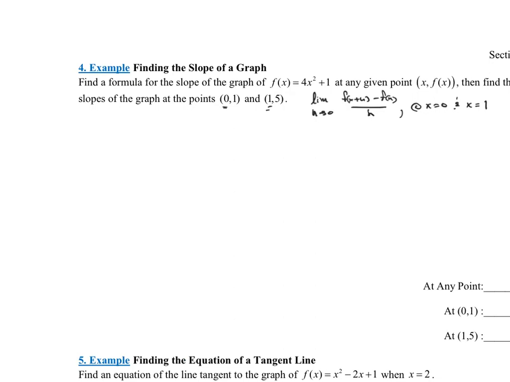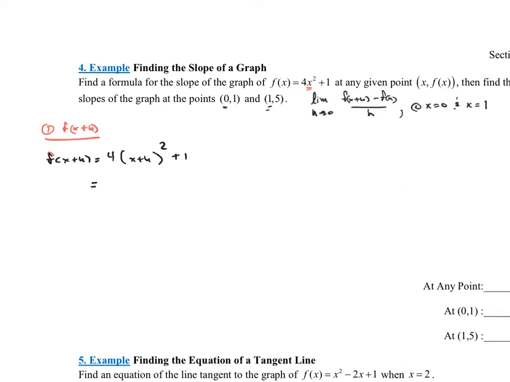Our steps would be, step 1, find f of x plus h. We'll go back to your original function. Wherever there's an x, you're going to plug in x plus h. So f of x plus h would be equal to 4 times, instead of x, I'm going to plug in x plus h.